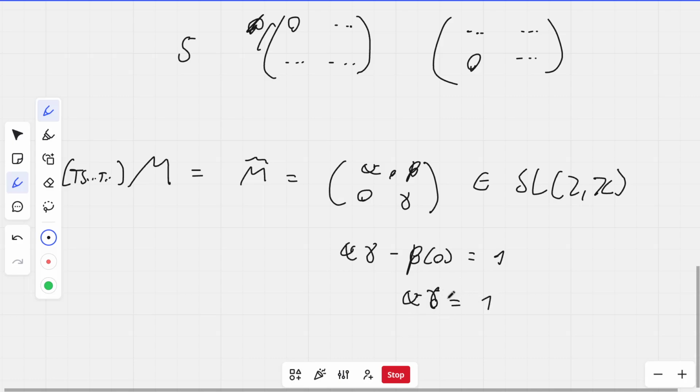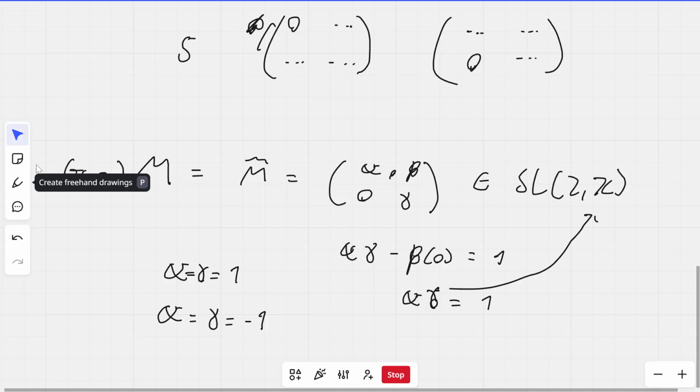But both alpha and delta are integers, and so we either have alpha and delta both equaling 1, or they both equal minus 1.